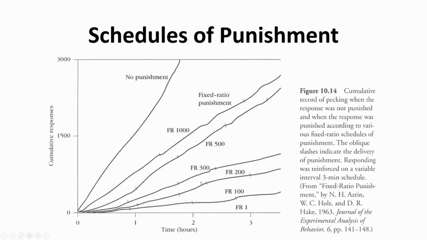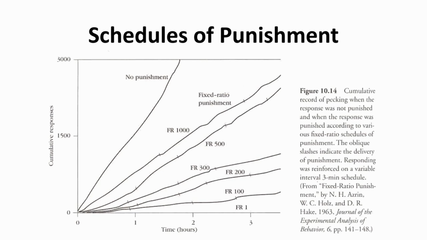And as there is more space or more occurrence of that behavior that isn't being punished, we see an increase in this slope. So if you are punished every single time you do that behavior, then you learn very quickly not to do the behavior. But if you're only punished every 500 or every 1,000 times you do that behavior, then there's a lot less connection between doing that behavior and receiving the punishment.